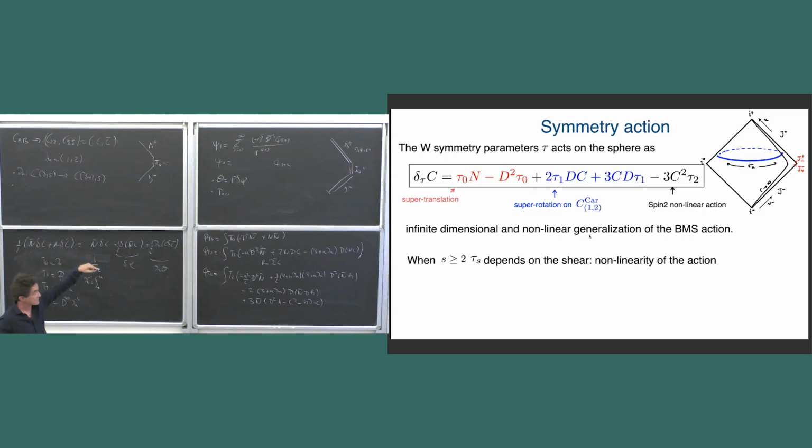The part which is red is the action of supertranslation, u du minus the d square of tau 0. The second one is the canonical way a diffeomorphism acts on a field of weight 1, 2. I cannot change that. The only part which is surprising or new is how the spin 2 object acts on the shear, and the spin 2 generator acts non-linearly.